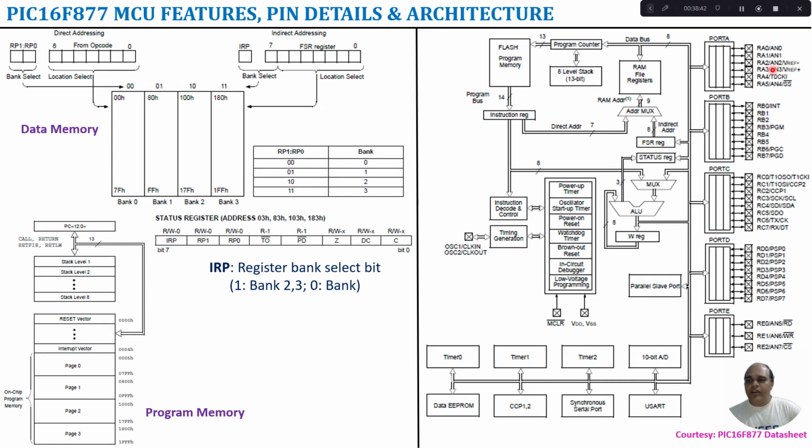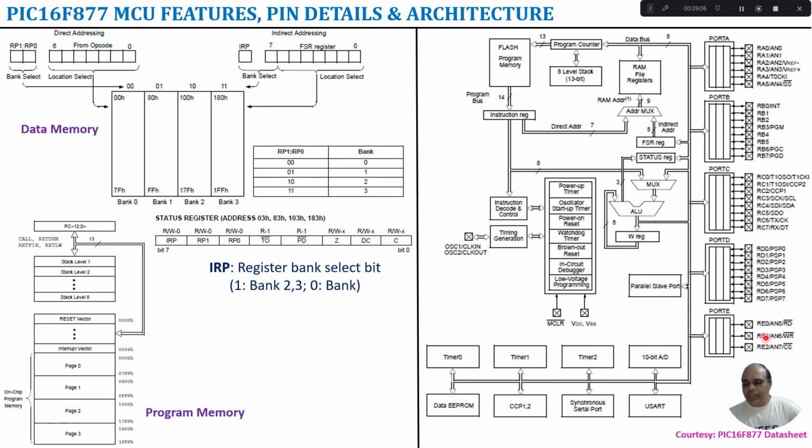There is also a functionality in RA4, which is the timer 0 clock input, which can be used for counter operation of timer 0. Then I have a slave select signal for SPI protocol. In SPI protocol, a particular slave needs to be selected. That can be done by this slave select signal, which is an active low signal.